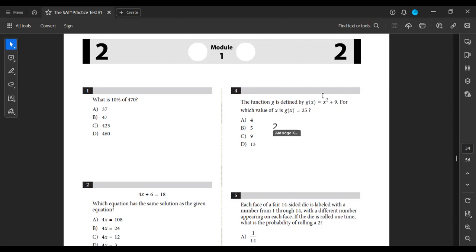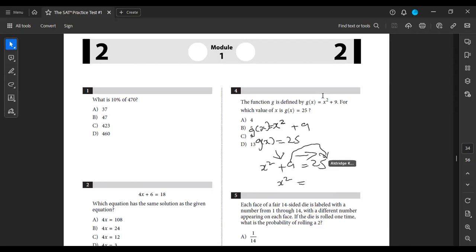All right, so we have x squared plus 9, which is g of x. And we've been told that g of x is equal to 25. So these are the same thing. For what value of x is g of x equal to 25? We take away 9 from both sides. 25 minus 9 would be 16.